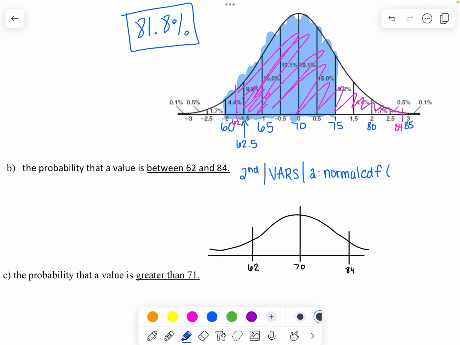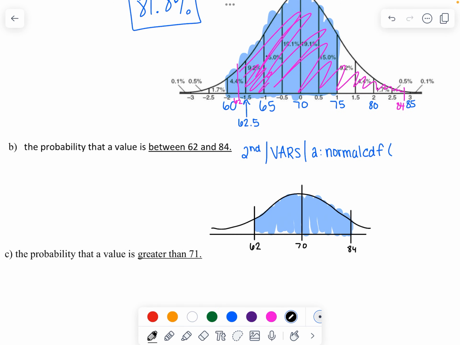So I want to figure out the probability or the percent of values that fall between these two scores. 62 is my lower bound here, the left side of this interval. 84 would be my upper bound. 70 is my average. And then we were told earlier that 5 is the standard deviation.